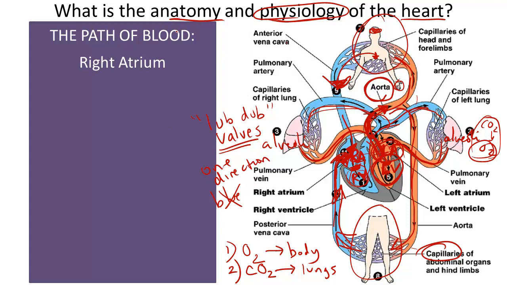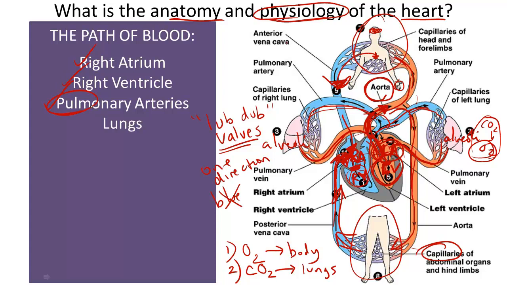We start with the right atrium, travel to the right ventricle, where deoxygenated blood travels through the pulmonary arteries to, pulmo means lungs, to the lungs. And then the lungs now have exchanged carbon dioxide for oxygen.